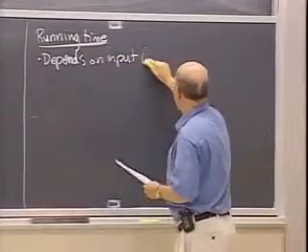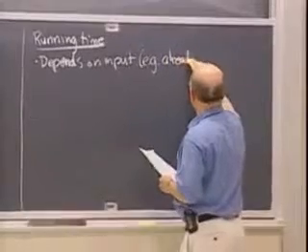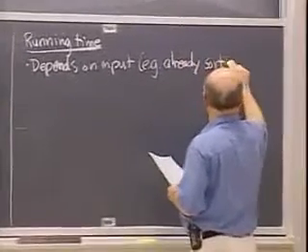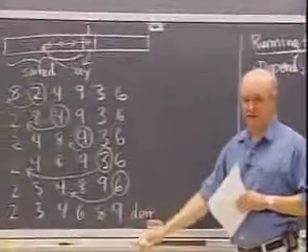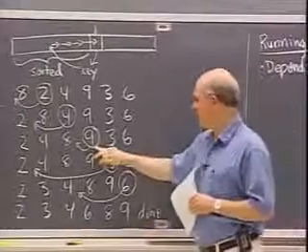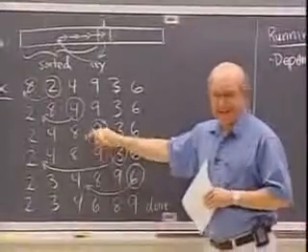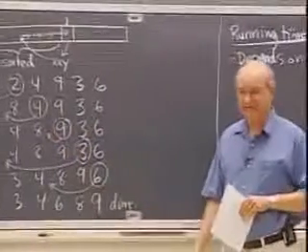For example, if the input is already sorted, then insertion sort has very little work to do, because every time through it's going to be like this case. It doesn't have to shuffle too many guys over because they're already in place.